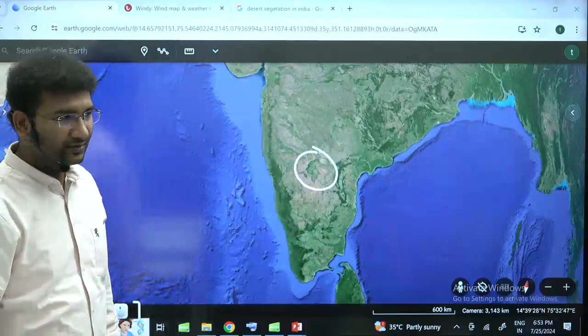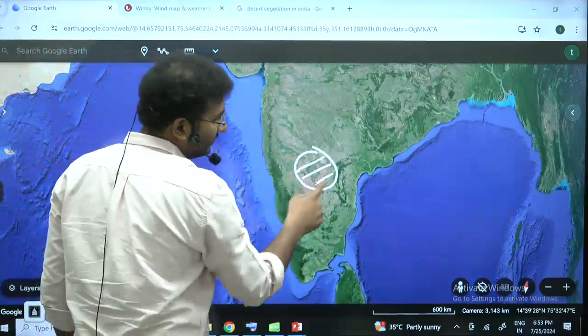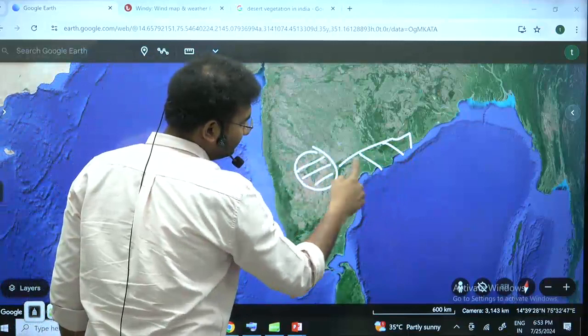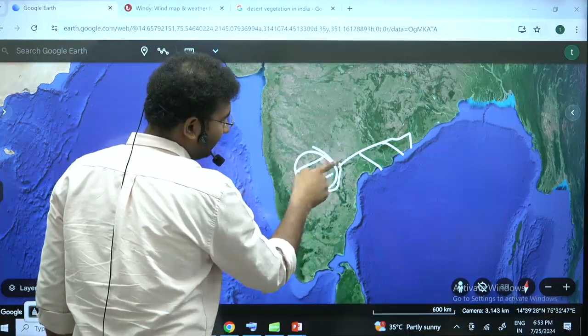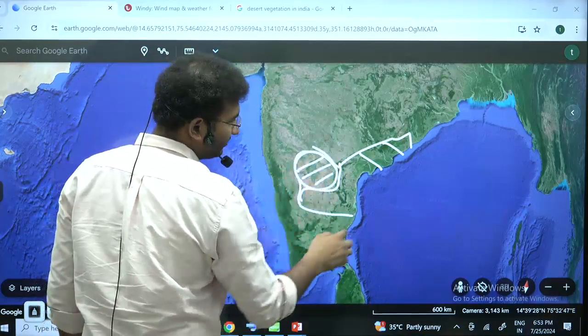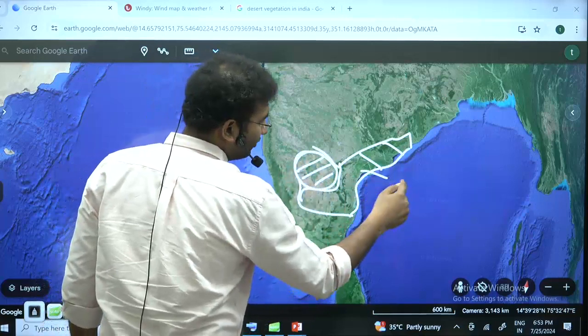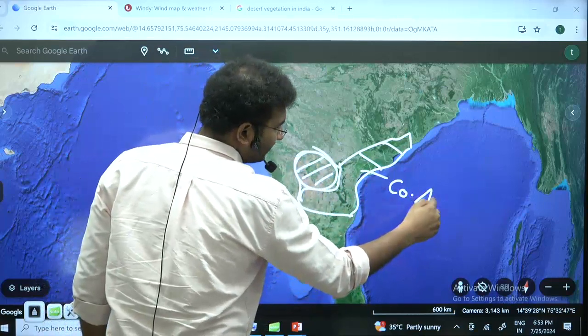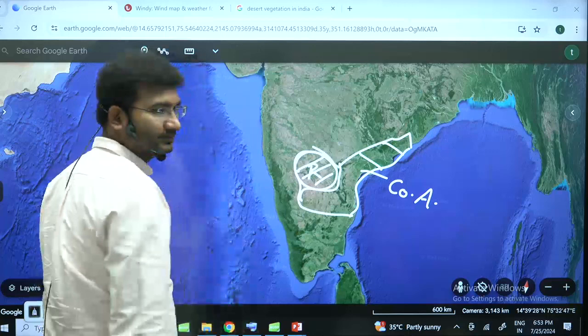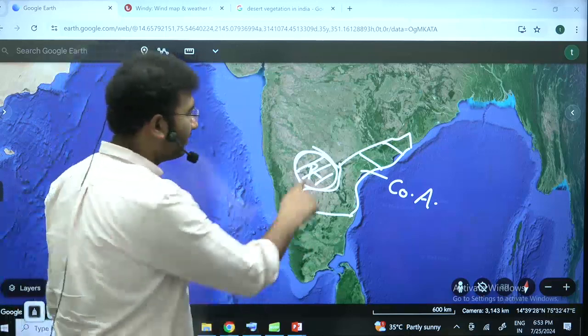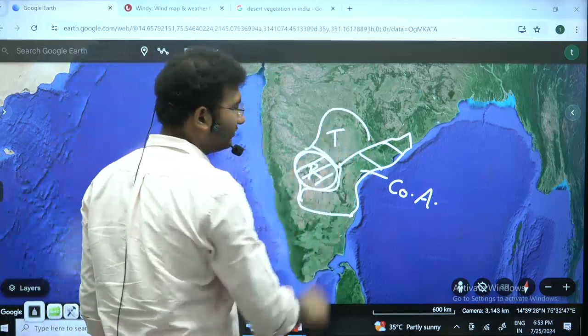Rayalaseema. This is Rayalaseema and this is Andhra. Okay? Andhra Pradesh consists of this, called coastal Andhra, and this is called Rayalaseema. Right? And together this is Telangana.